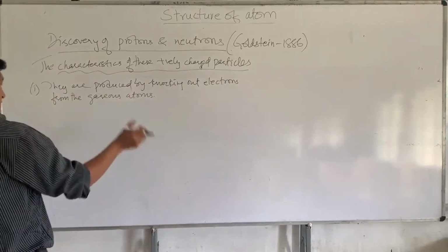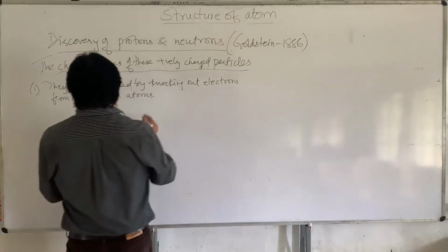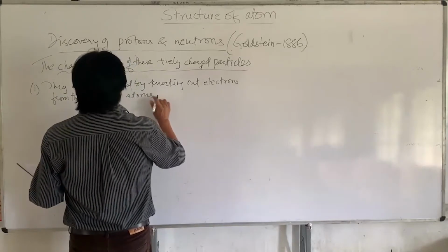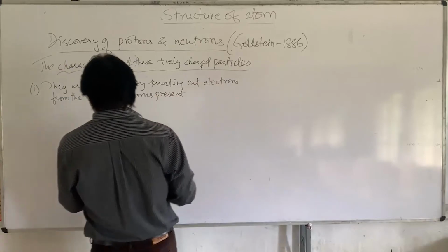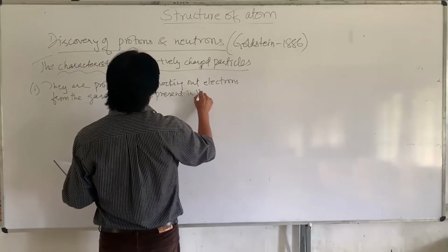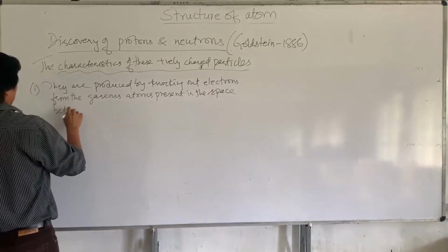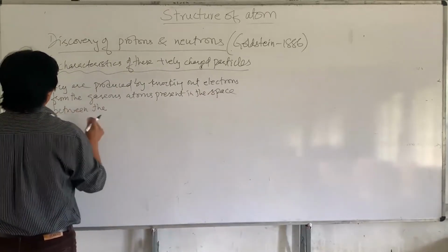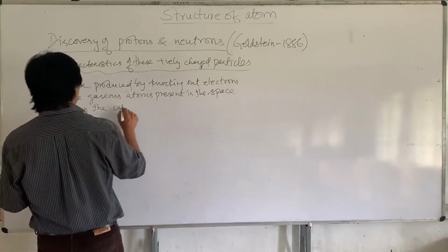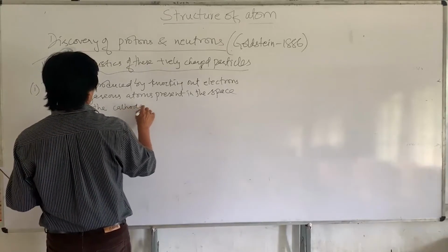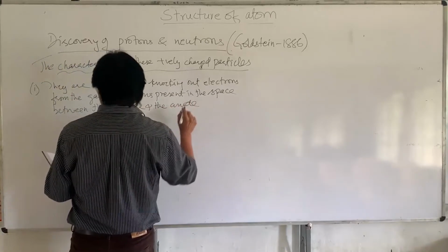These gaseous atoms are present in the cathode ray discharge tube, in the space between the cathode and the anode.